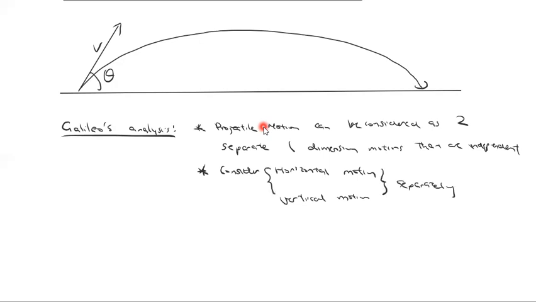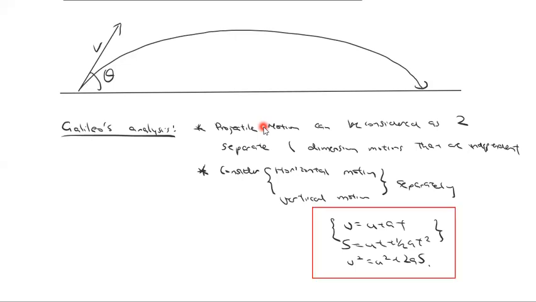Really, this just relies on your module 1 kinematics, where you use your formulas: v equals u plus at, s equals ut plus half at squared. You don't really use v squared equals u squared plus 2as here, although I'll quickly write it out for your revision. We are using these formulas in 1 dimension separately.